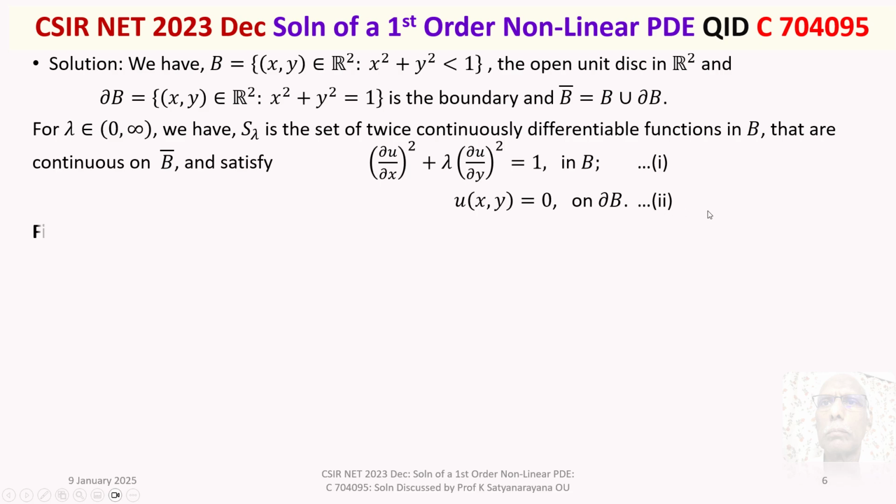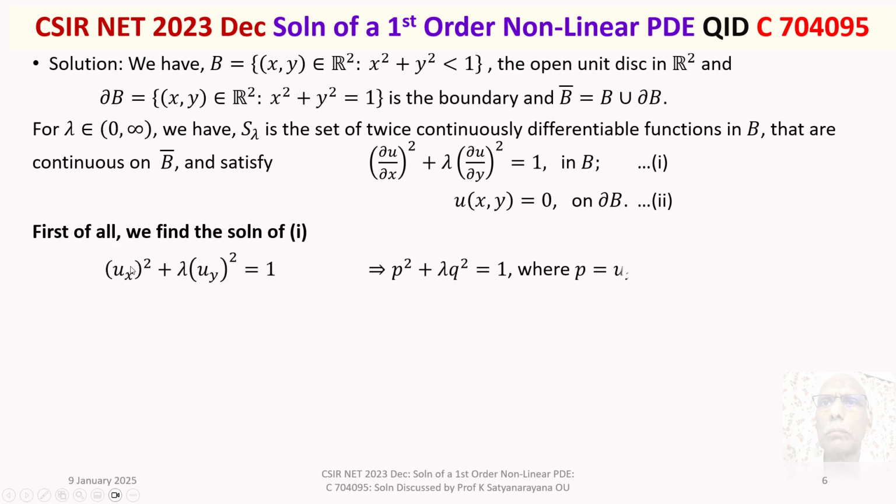Right. So we first find the solution of equation 1, that is the solution of this first order nonlinear partial differential equation. Now u x square plus lambda times u y square is equal to 1. In standard terminology, we have u x is p, u y is q.